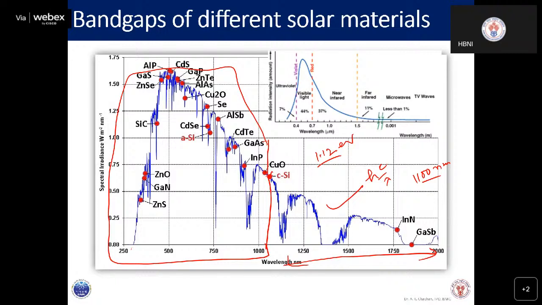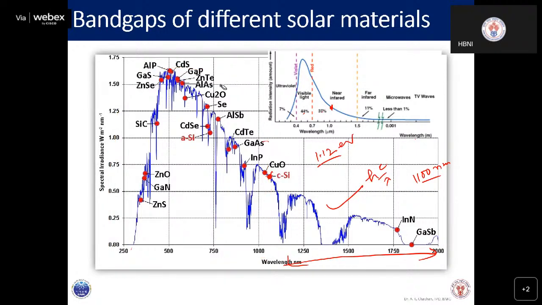So straight away, maybe 20 plus 44, 44% plus 20, 67. So nearly 70% of the spectrum is absorbed, and the remaining 30% or 25% has passed through the solar cell. So the maximum efficiency possible will be 75%, not more than that. That is when we consider all the later ideal processes.